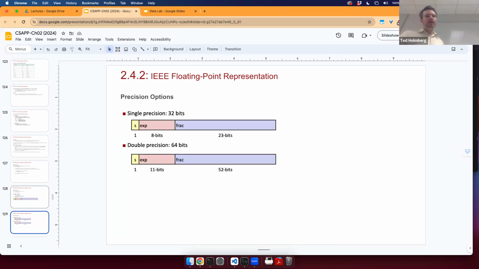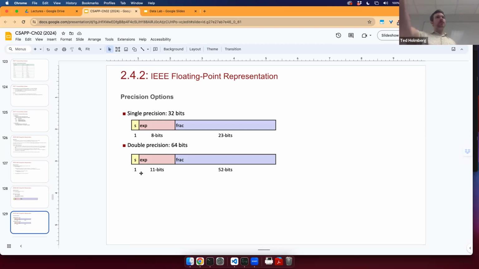And so typically in single precision, which is 32 bits, and in double precision, which is 64 bits, the ratio of bits dedicated to your sign bit, your exponent, and your fractional sequence is going to be, let's see, 1 bit dedicated to your sign bit, 8 bits dedicated to your exponent, and 23 bits dedicated to your fractional value.